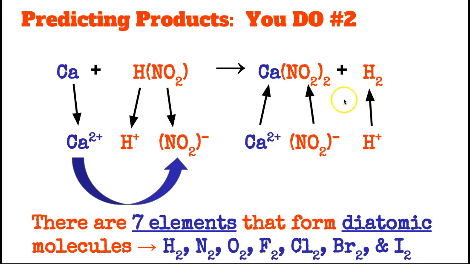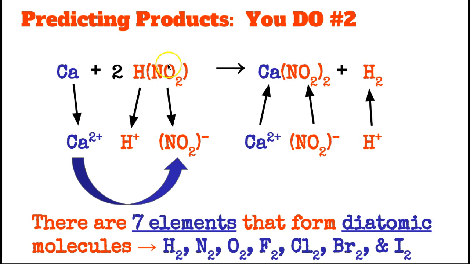The last thing we need to do is make sure that this thing is balanced. If we look, calcium we have 1, calcium we have 1, so that's in good order. Hydrogen we have 1, hydrogen over here we have 2. So we need to balance this out. I'm going to put a coefficient of 2 out here in front. So now we have 2 hydrogens, but this also changes my nitrite to 2.